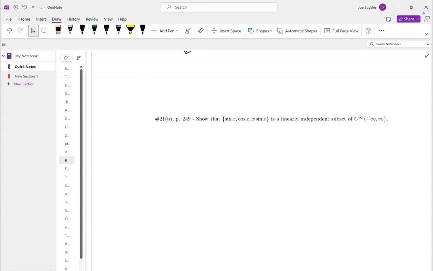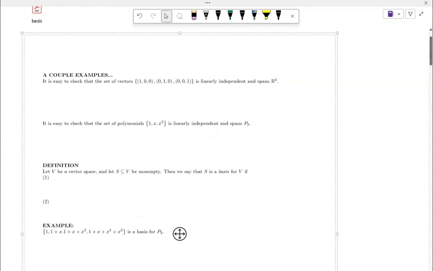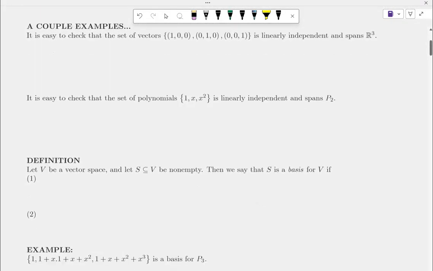So let's talk about why it's easy to check that this set is linearly independent and spans.